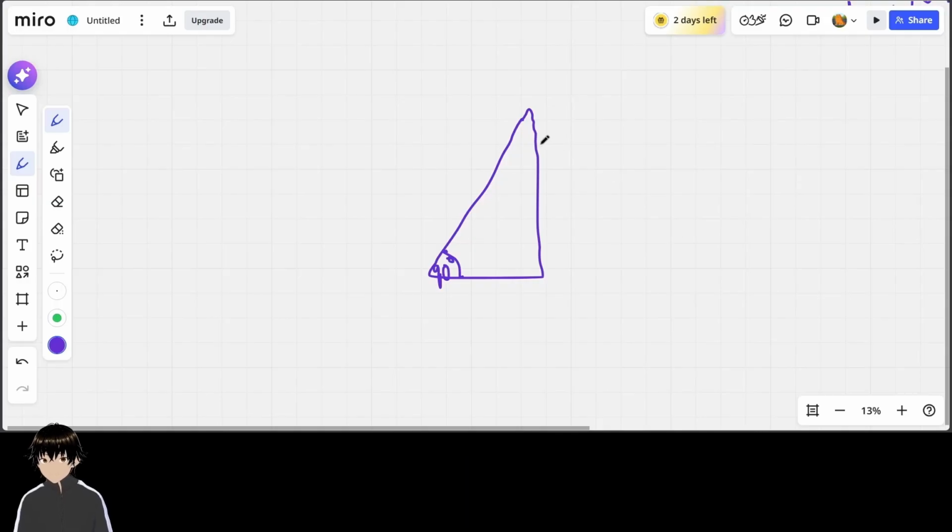Exactly 90 degrees. Now the sides here, as you all may know, are going to be adjacent.